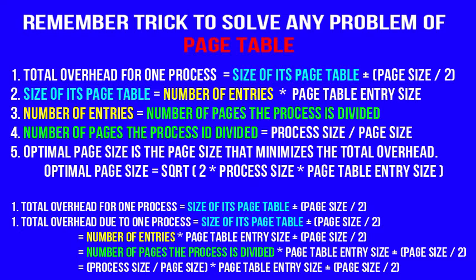Number of entries is given in formula 3: number of pages the process is divided into, into page table entry size, plus page size by 2. And number of pages equals process size by page size, into page table entry size, plus page size by 2.